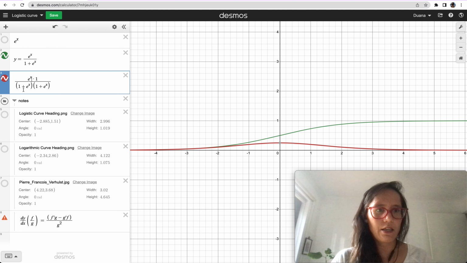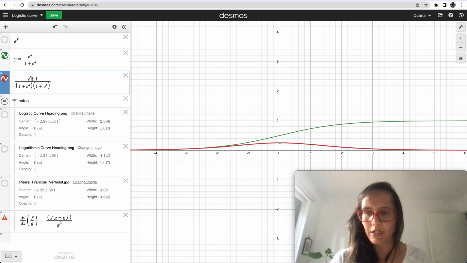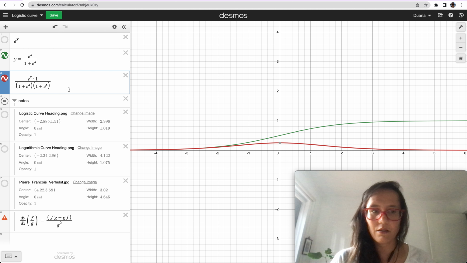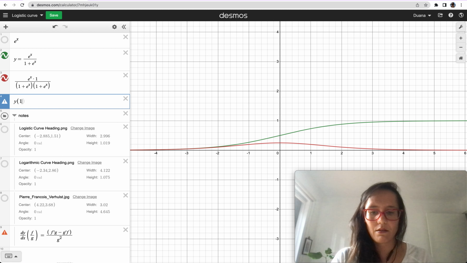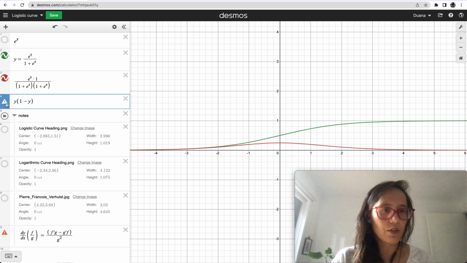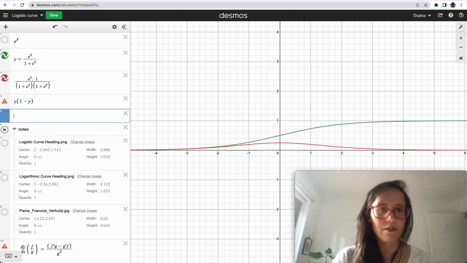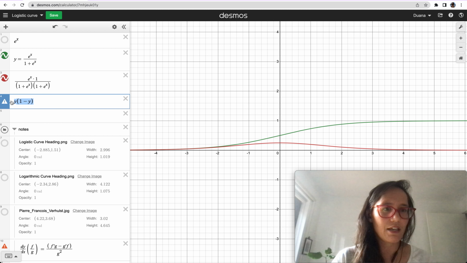And this e over 1 plus e to the x part of the expression is y. And this 1 over 1 plus e to the x is actually 1 minus y. If you did the fraction evaluation, you would see that this whole expression is actually y times 1 minus y, which unfortunately it's not going to graph for me.